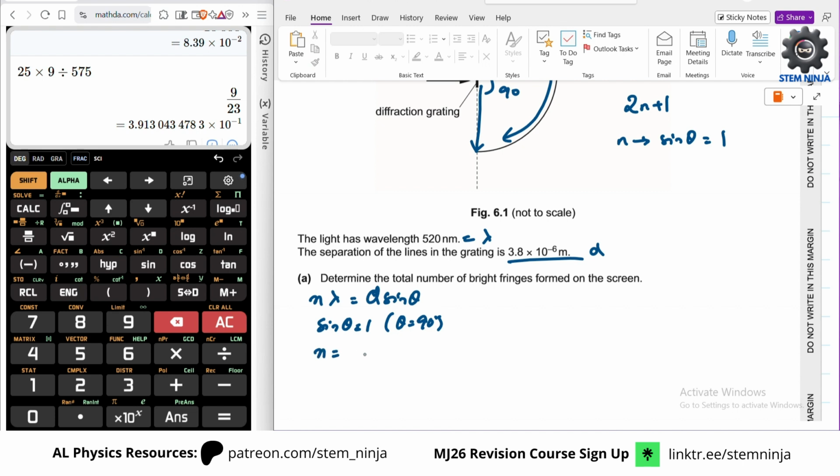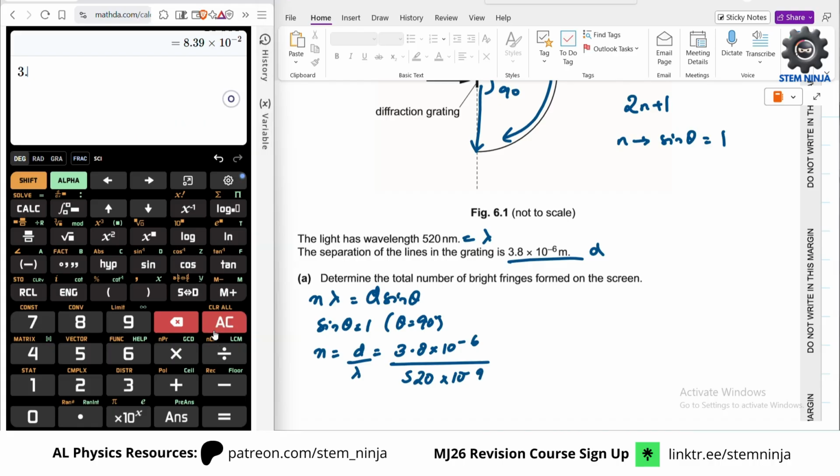So n on one side would be d over lambda. d is 3.8 times 10 raised to the power minus 6. Lambda is 520 nanometers, so convert it into meters. So 3.8 divided by 520 times 10 raised to the power minus 6 plus 9.